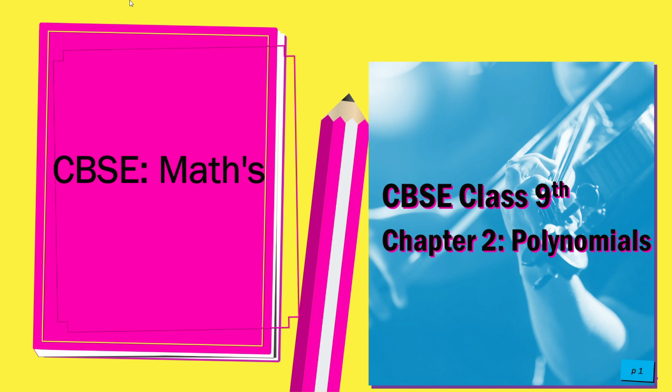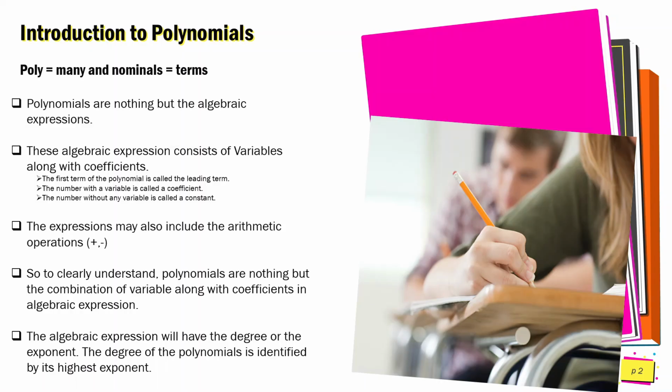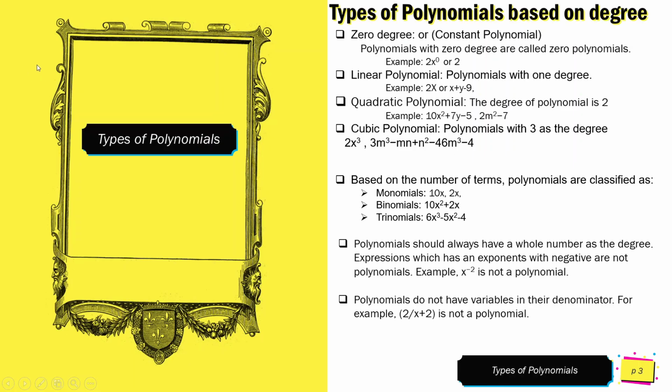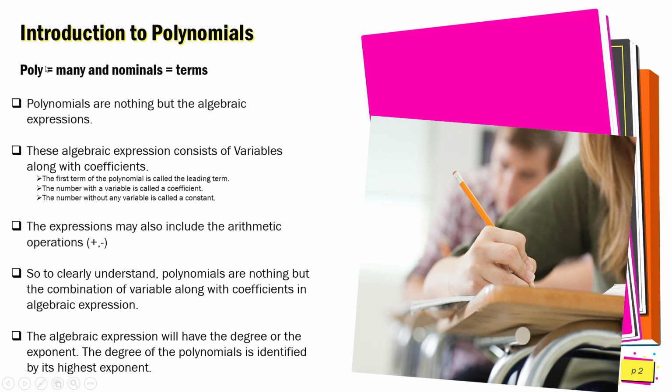Now if you see the polynomials, what exactly is a polynomial? Polynomials can be bifurcated into two different terms: poly and nomials.